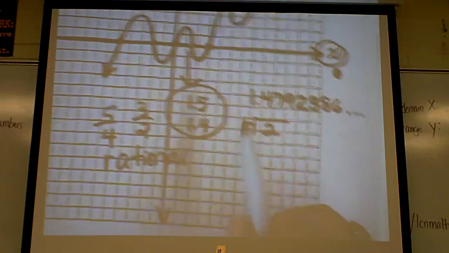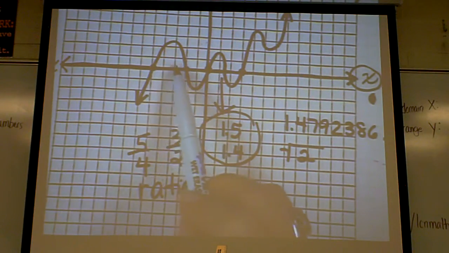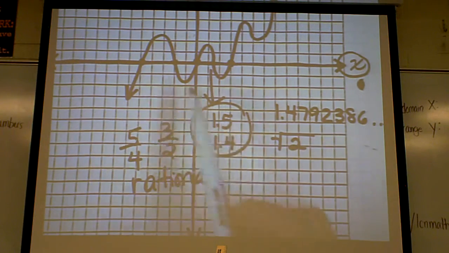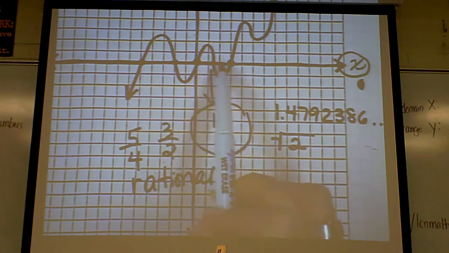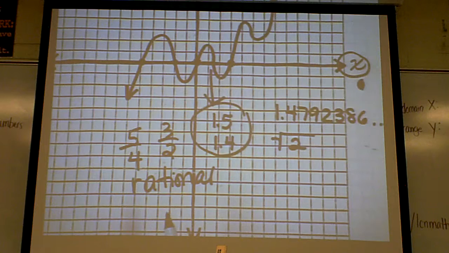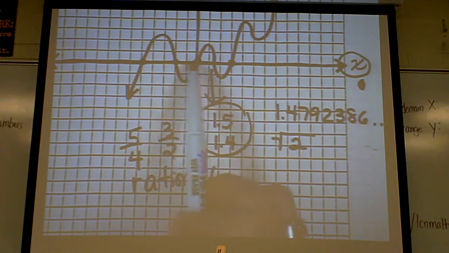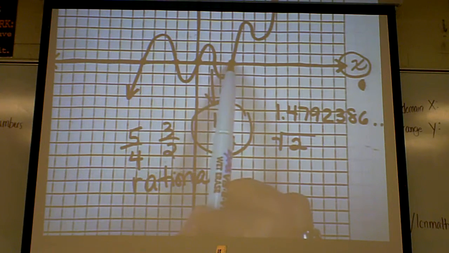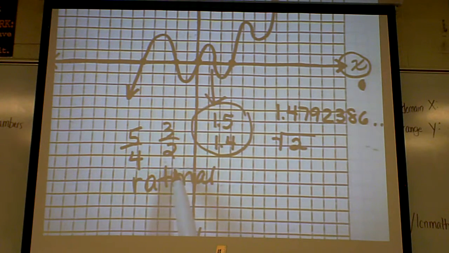So, do we have a general name for all of these zeros, regardless of if it's rational or irrational? What are all these zeros called? These are called real zeros. They're all real. But this one, this one, this one, and this one are rational zeros.